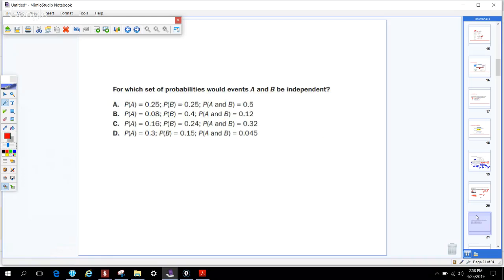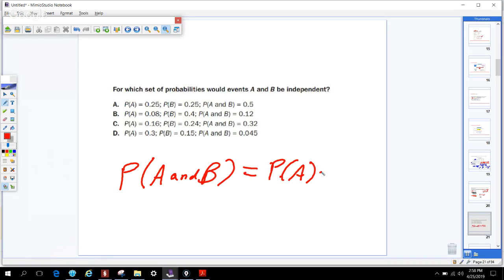Here we've got independent. 3, 2, 1. Independent. I'm not going to do all these examples, but on your formula sheet there is something that says the probability of A and B equals the probability of A times the probability of B. I have a YouTube video that takes way more time on this, so don't stress if you don't get it right now, you'll just watch it again.